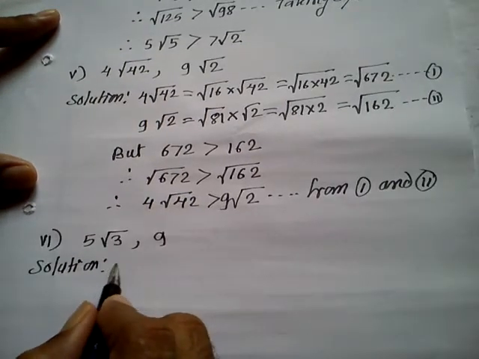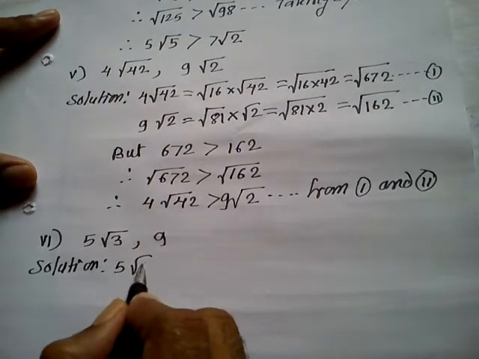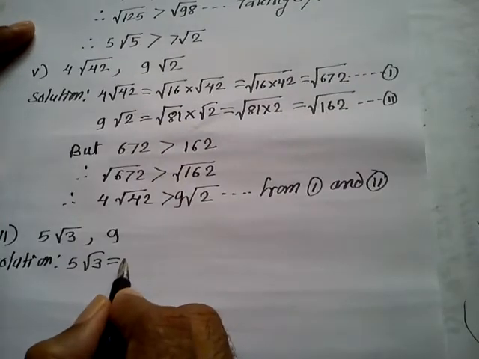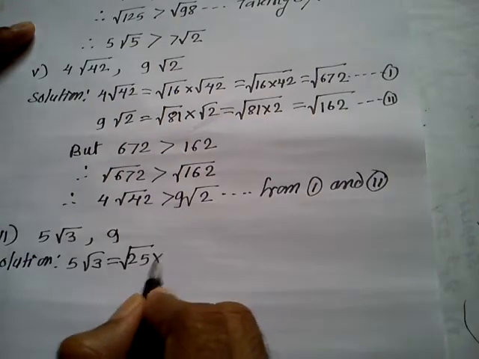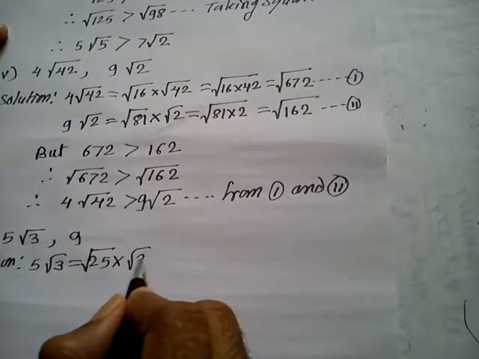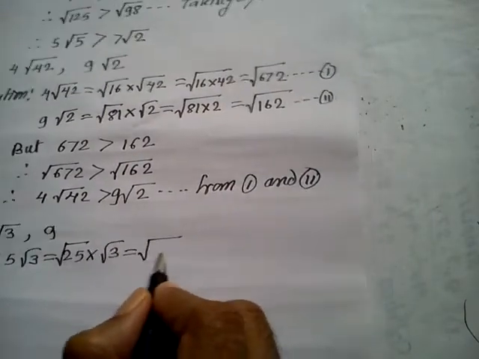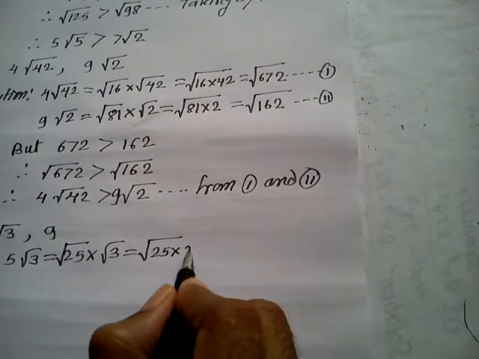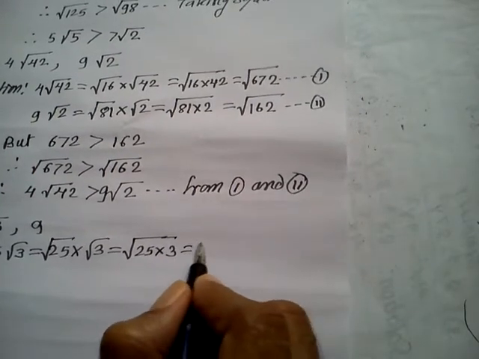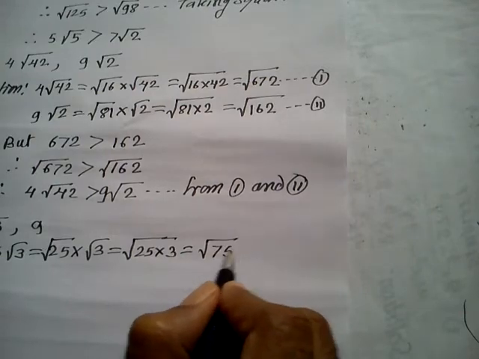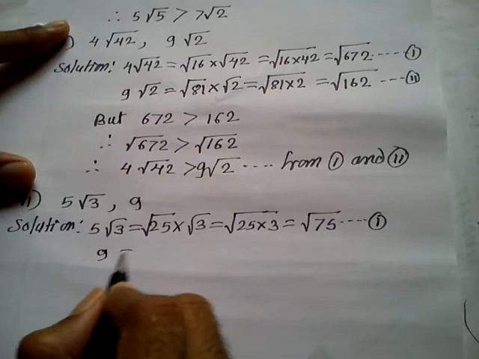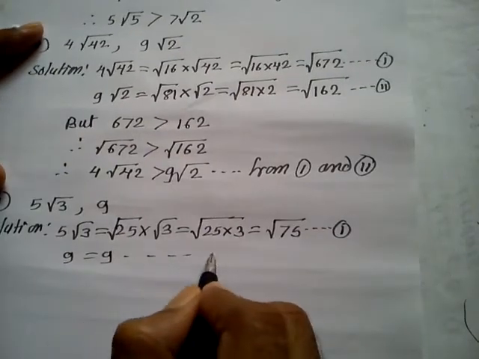Solution, 5 root 3 is equal to square of this 25 under root into root 3 is equal to 25 into 3 is equal to how many? 25 3s are 75, equation first. Second, 9 is equal to 9, no problem.